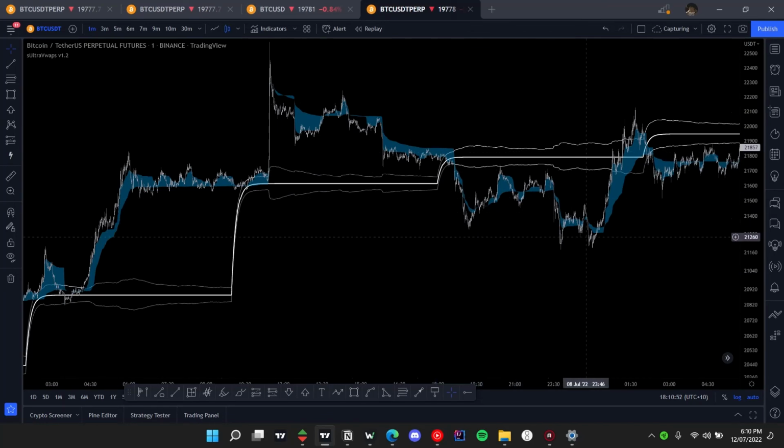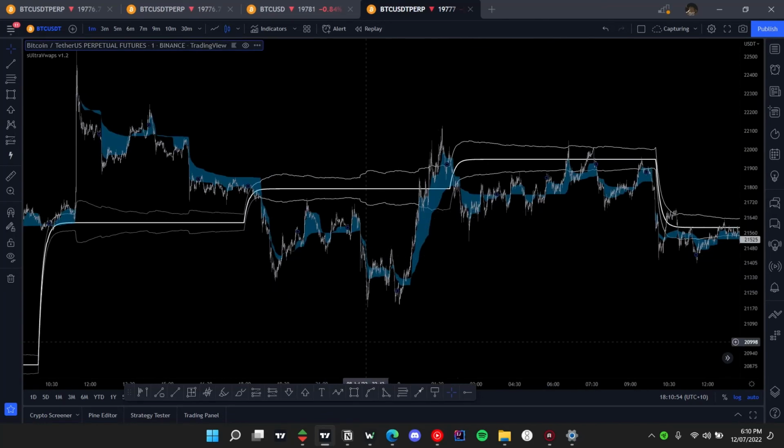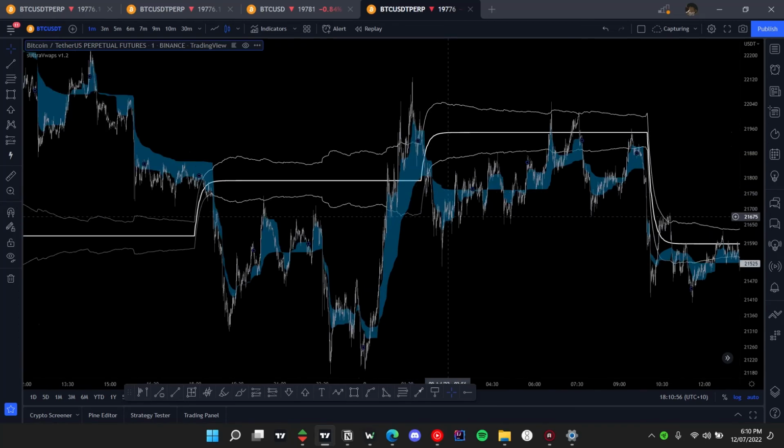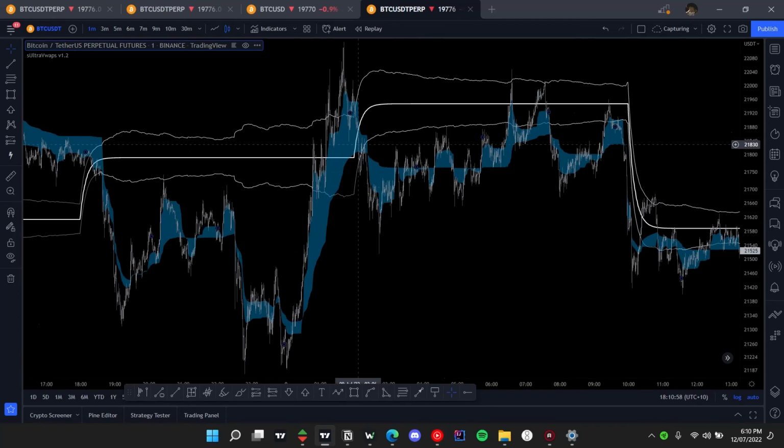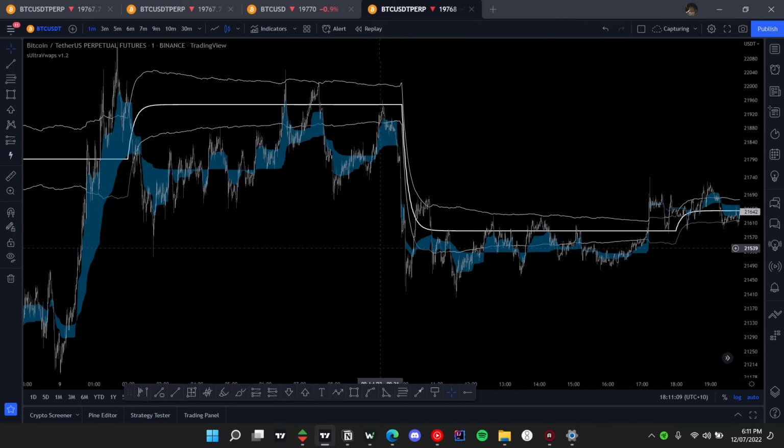Here we have a downtrend. Price all of a sudden shoots up. We are coming to this resistance level, and we shut down again.